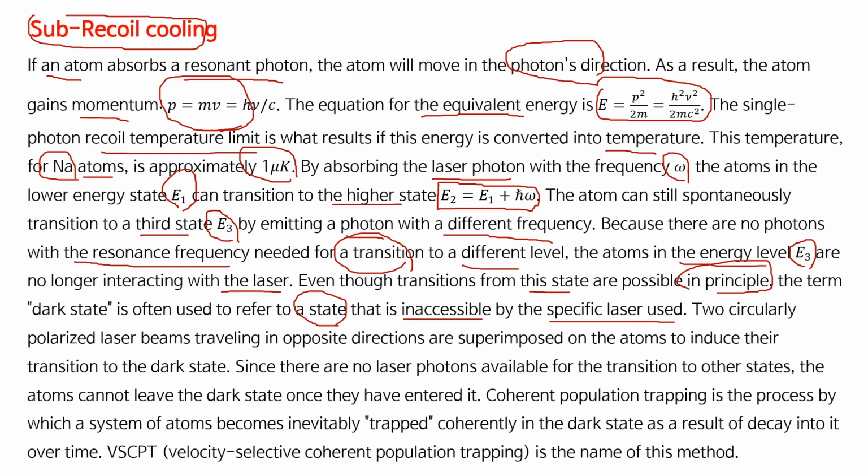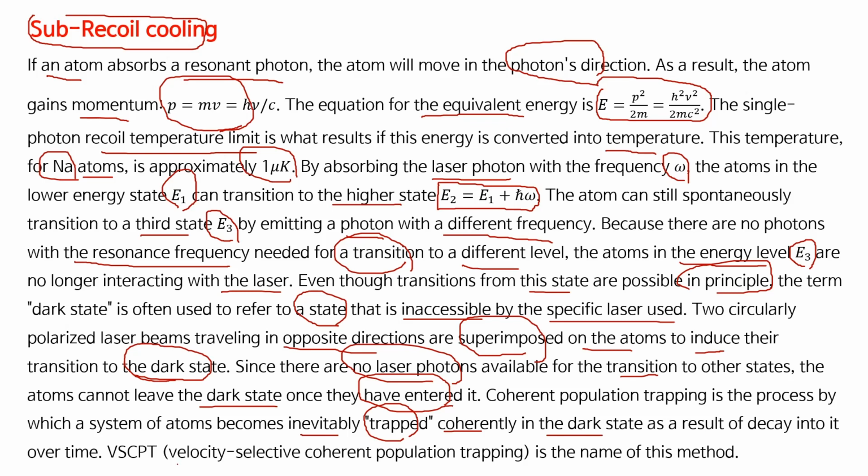Two circularly polarized laser beams traveling in opposite directions are superimposed on the atoms to induce their transition to the dark state. Since there are no laser photons available for the transition to another state, the atoms cannot leave the dark state once they have entered it. Coherent population trapping is the process by which a system of atoms becomes inevitably trapped coherently in a dark state as a result of decay into it over time.